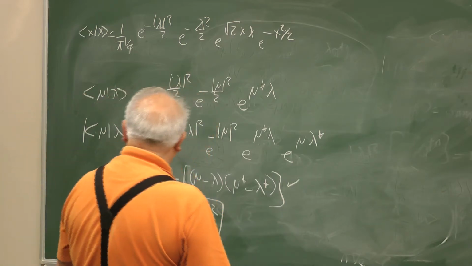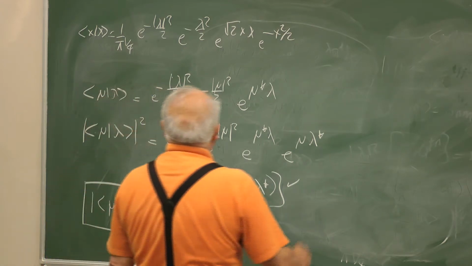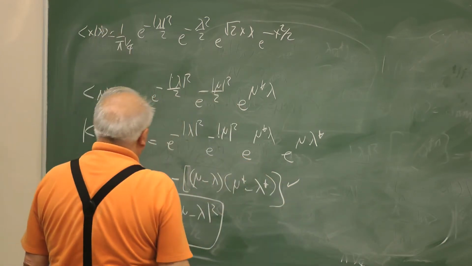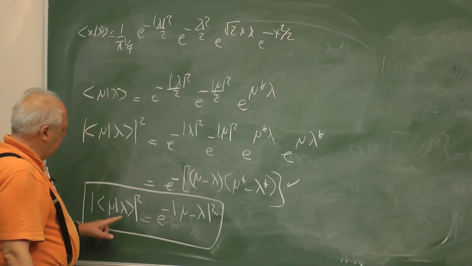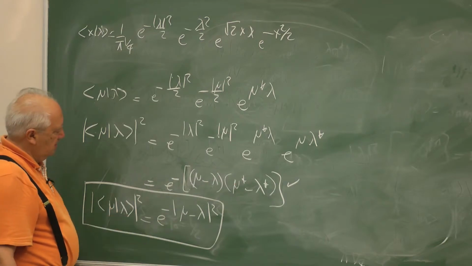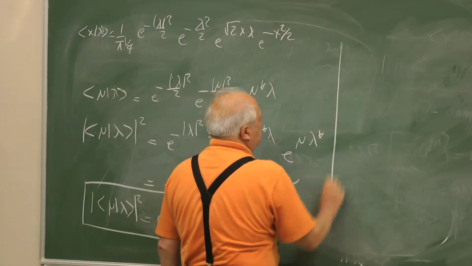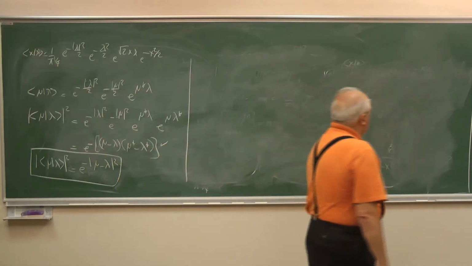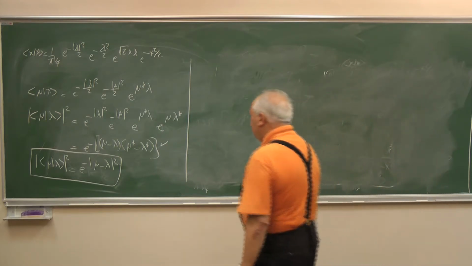So these states are not orthogonal, and the probability of finding lambda in the state mu is given by this. And yet these states, the coherent states lambda, are a complete set. What do we mean by that?